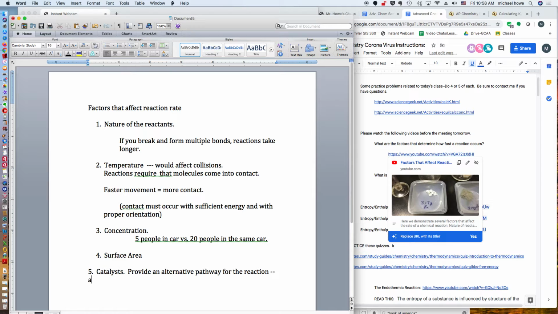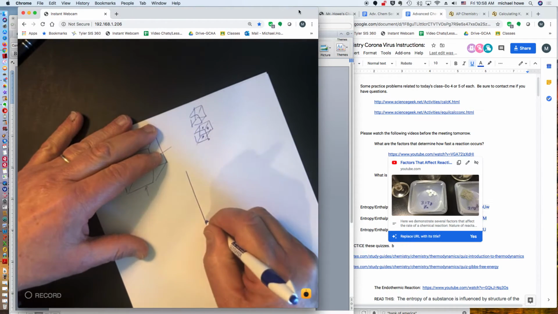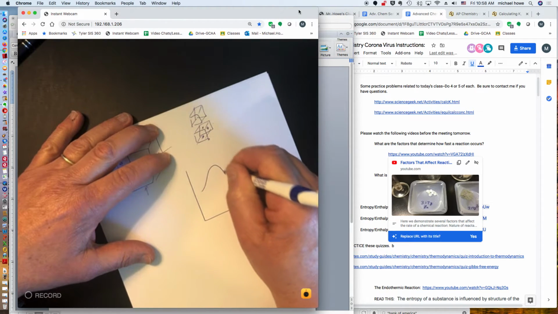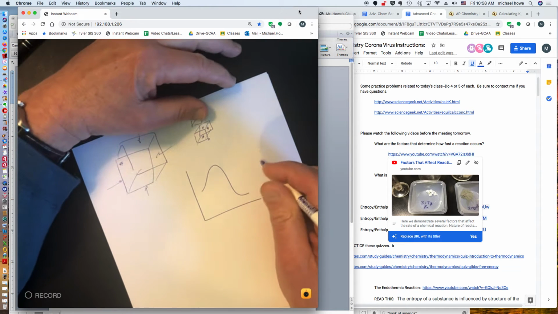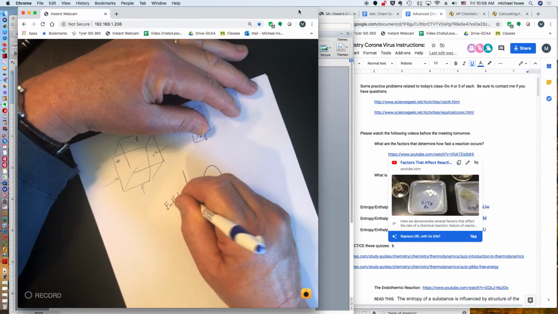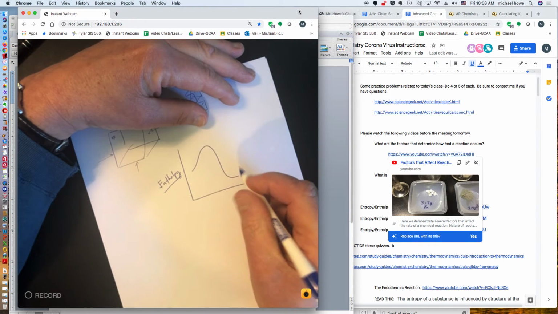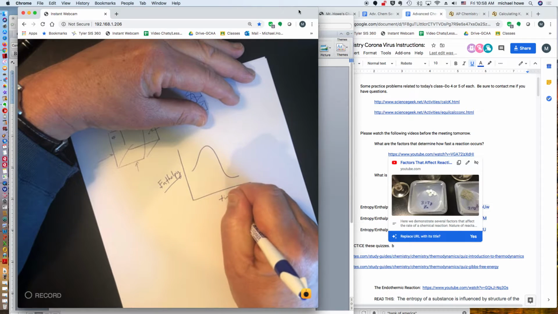And that's a pathway that requires less energy. So to illustrate that, remember these reaction curves. It looks like that. So this is enthalpy, and this is time.